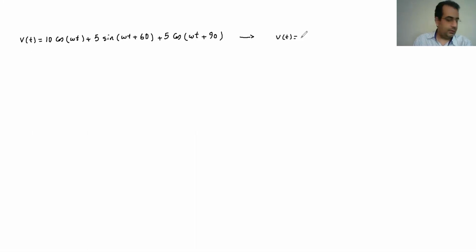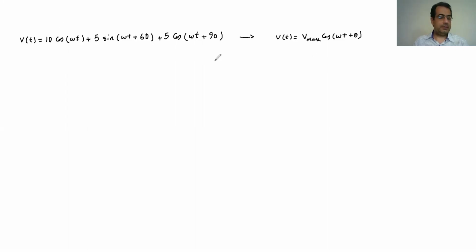Vt is going to be Vmax cosine omega t plus theta. Assume I want to convert this to this one. So basically I want to add these three terms together and find the final result.